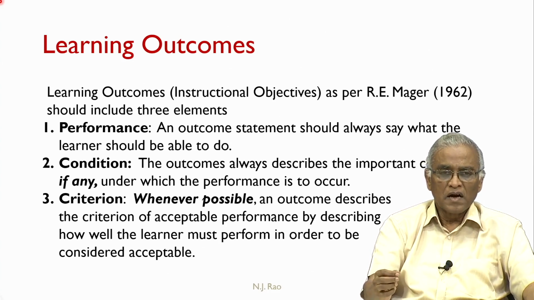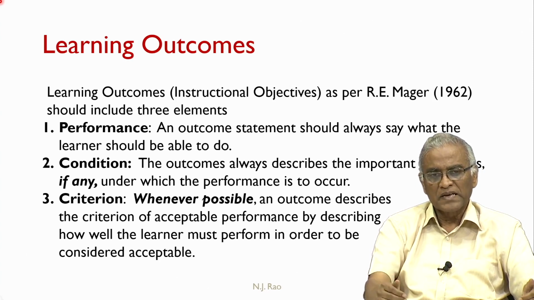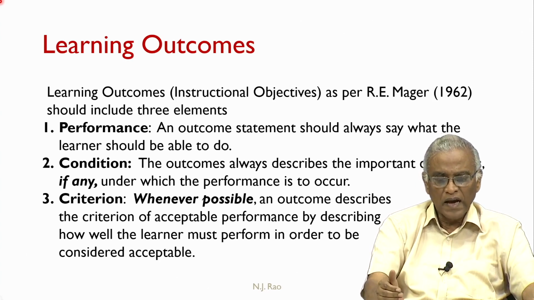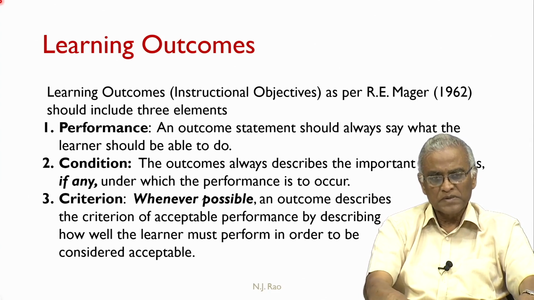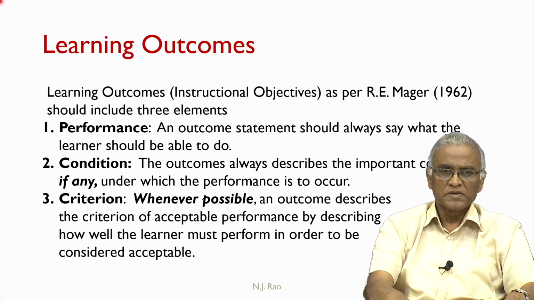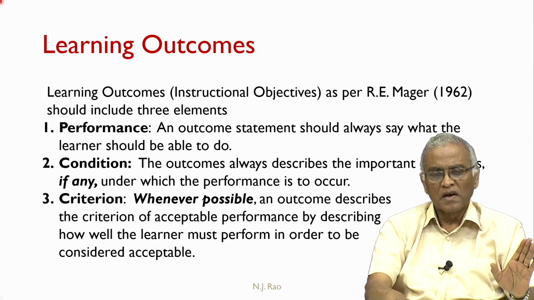Unless I am able to measure within that, the performance is not acceptable. So that becomes a criterion for acceptance of the performance. So conditions are optional and criteria are also optional. So strictly speaking, I can have just one statement called performance for a course outcome.